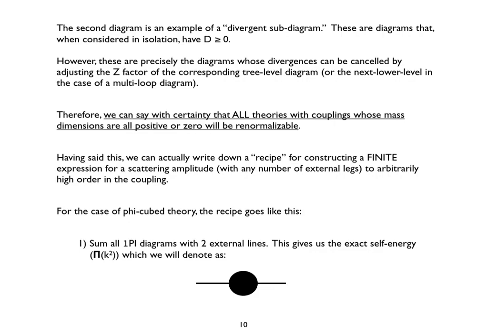So we can say with certainty that all theories with couplings whose mass dimensions are positive or 0 will be renormalizable. So that's just restating what we said earlier about theories that have negative mass dimensions. So if you have a theory and you count up the mass dimensions of all your couplings, all your parameters, and they're all equal to 0 or greater, you can say, okay, I can work with this theory up to all scales, basically, because I can renormalize it.